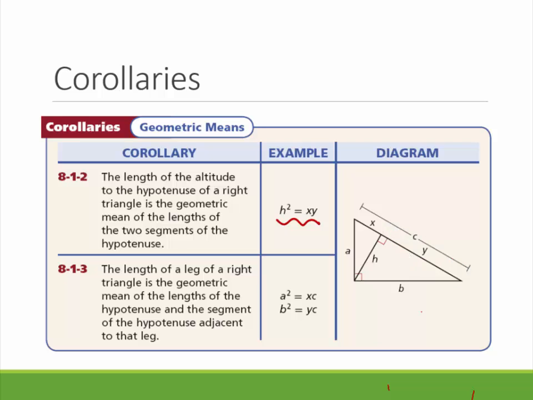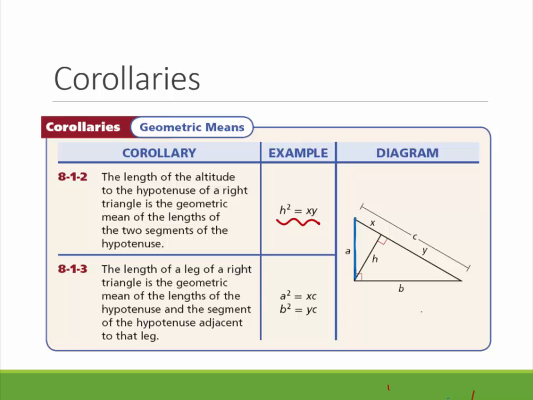Now the other two are a little more confusing, but once you look at the picture, it'll make sense. The length of a leg of a right triangle is the geometric mean of the length of the hypotenuse and the segment adjacent to that leg. So let's say I want to find out how long A is.